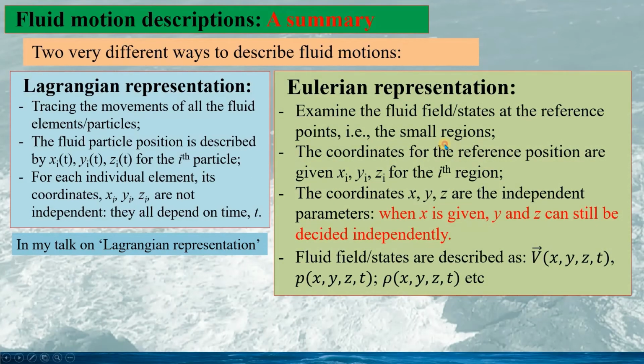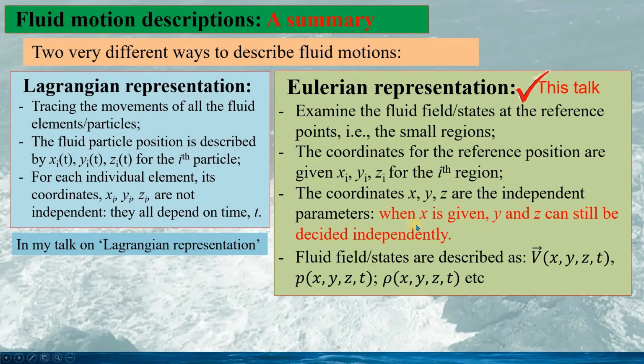While in this talk, the Eulerian representation is introduced. This method examines the fluid field or state at a reference point. The coordinates for the reference point would be given by xi, yi, and zi for the ith region. The coordinates x, y, z are the independent parameters.